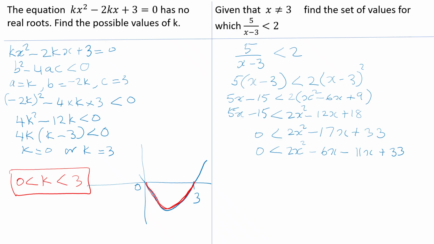If you add negative 6, negative 11, that's negative 17, and if you multiply 6 times 11, 66, negative times negative is positive. Now factorize: 2x, then x minus 3, minus 11, then x minus 3. So x minus 3 times 2x minus 11 is less than 0.